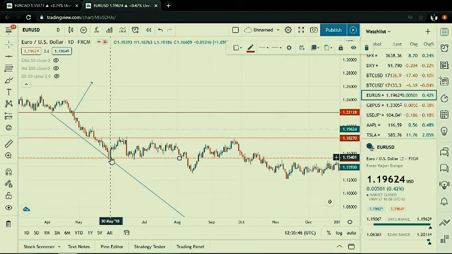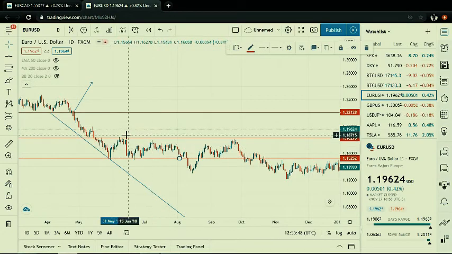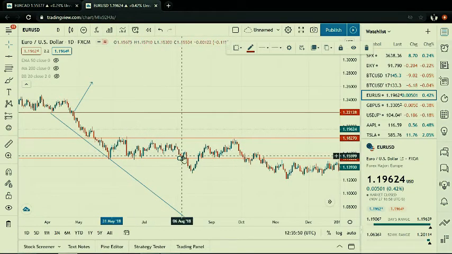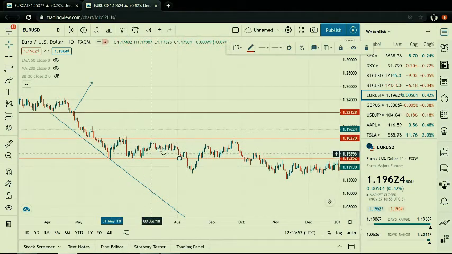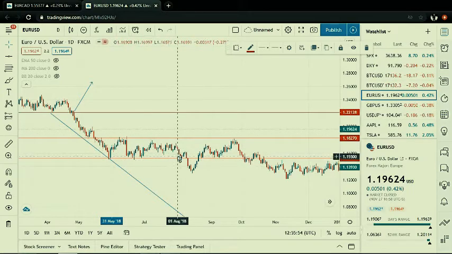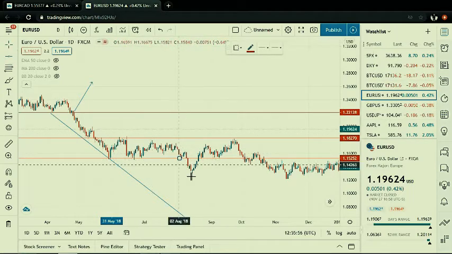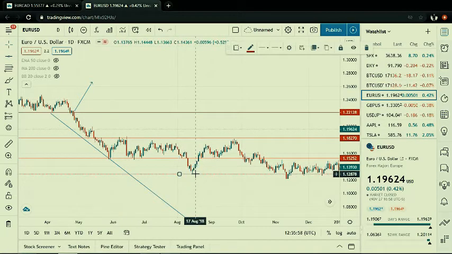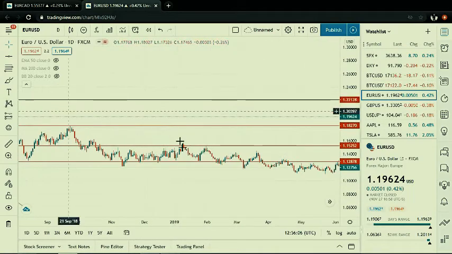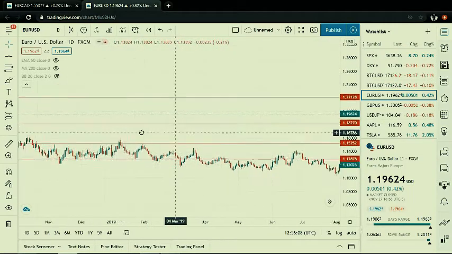So it kept forming lower highs and lower lows too. But at this point it looked as though everything was still in this one range until it came down to break the market lower. It went up again to form another high, but it was still within this range. And then ultimately price was bouncing within this range.